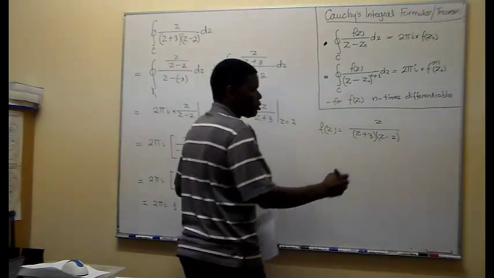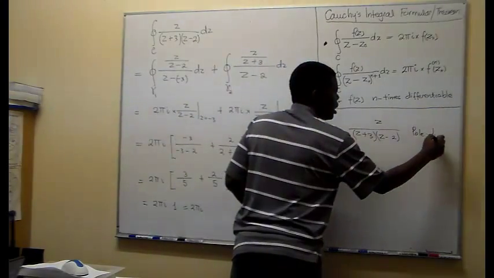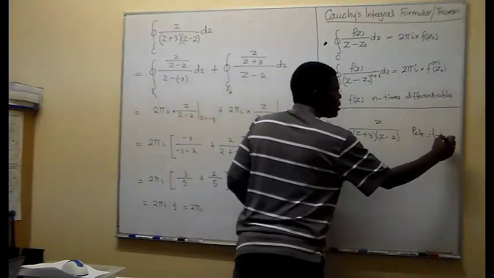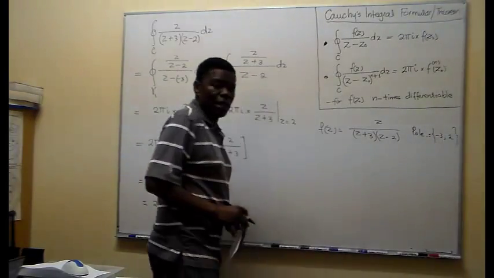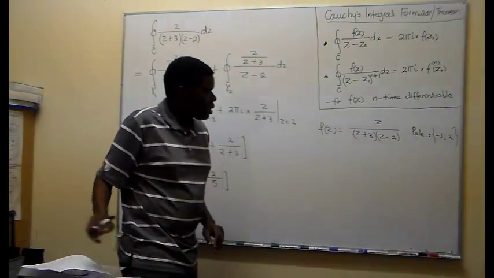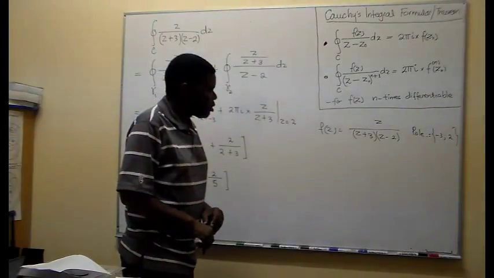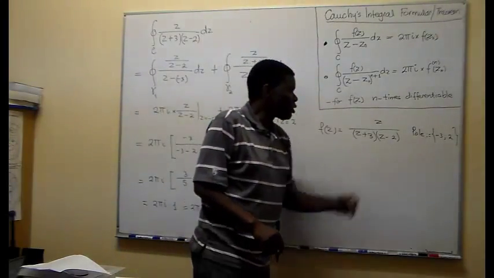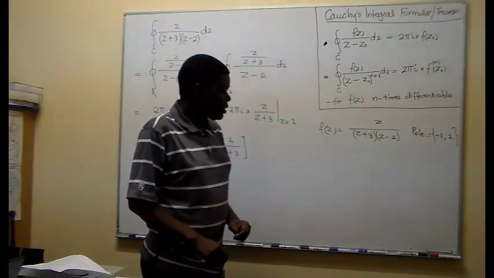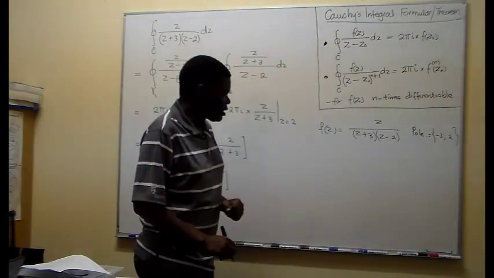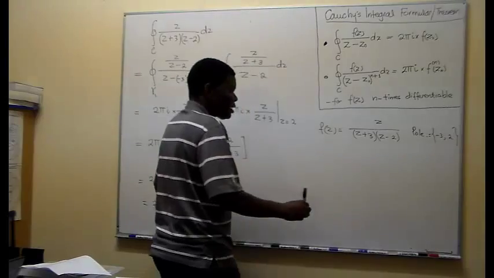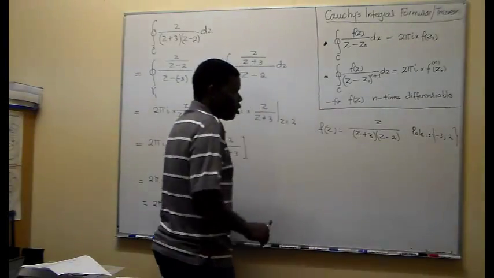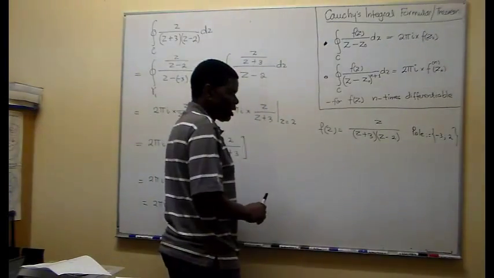And you'll notice that the poles are minus 3 and 2. So knowing from what you did before, we know that at poles we can calculate the residues of the rational expression. So let's start by calculating the residue of this f of z at minus 3.